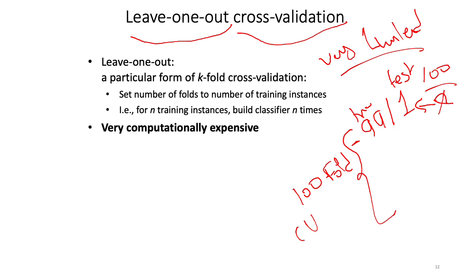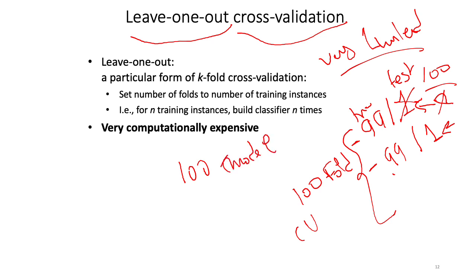Okay, and then in the second fold, you're gonna leave another instance out, which is supposed to be not this one, and then the other 99 you use for training. And you do that 100 times. Each time you are leaving one of the instances out for testing. So this is very computationally expensive and very costly, because you're going to end up creating 100 models.